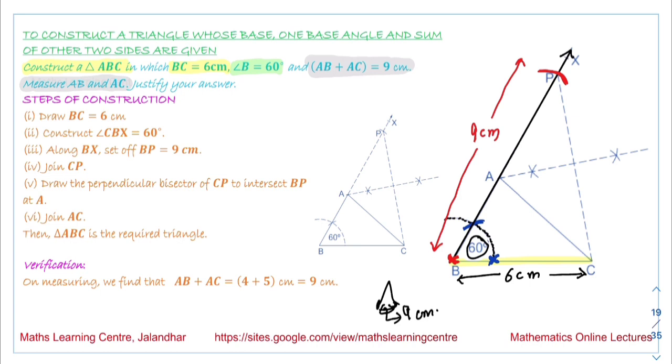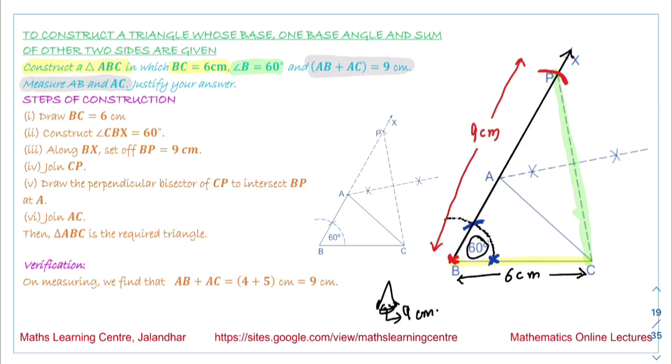We will mark this point P, and this length is 9 centimeter, and we have joined the points C and P. Now we draw the perpendicular bisector of CP.